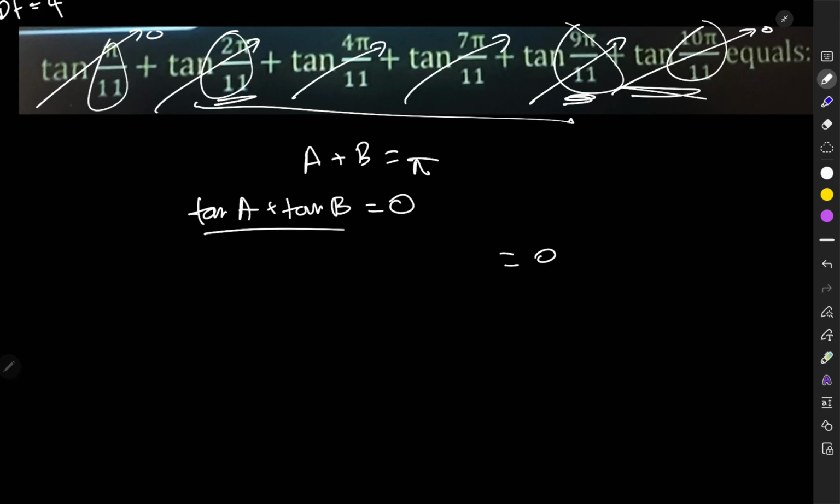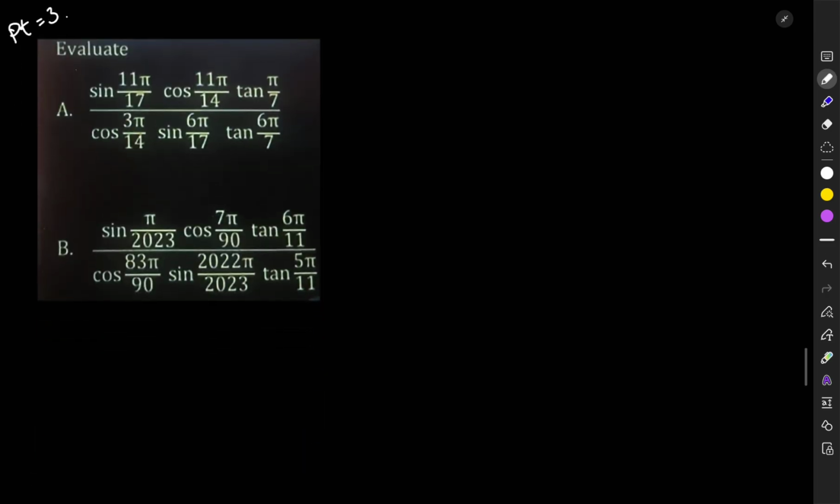Fine. Let's solve another question. Again you can see there are multiple ratios, so I'm going to combine some of the ratios. You can see 11 pi by 17 is there and 6 pi by 17 is there. When I add both, I'll get pi.